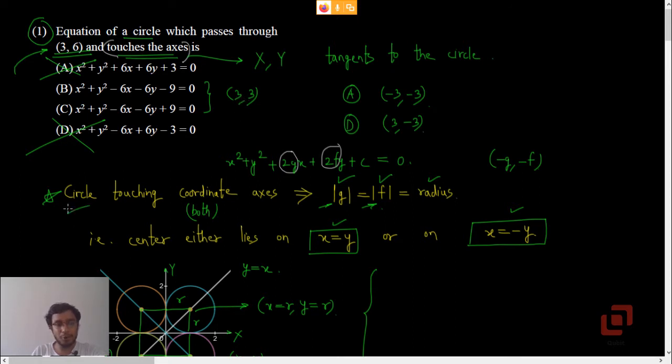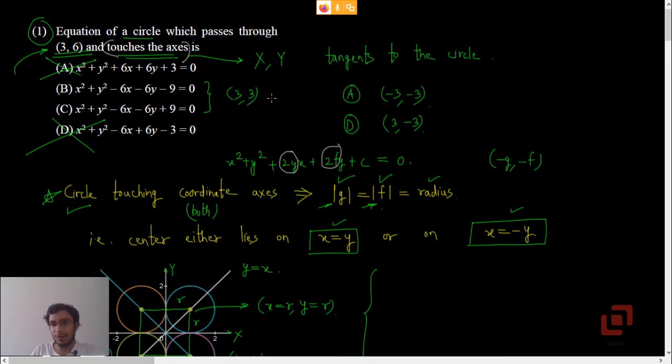But as per this property, mod of g equal to mod of f, and both of them should be equal to the radius of the circle. So between the options B and C, we should pick that circle whose radius is equal to 3. Okay, because both the x and y coordinates of the center are 3.